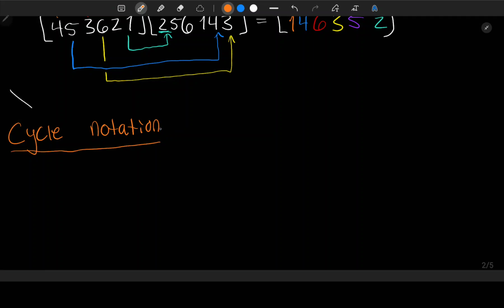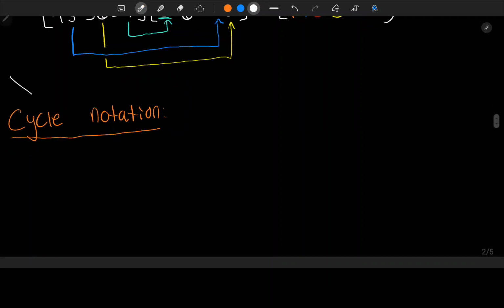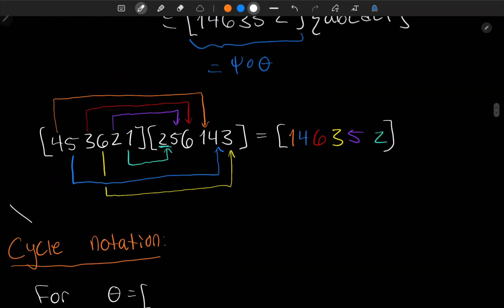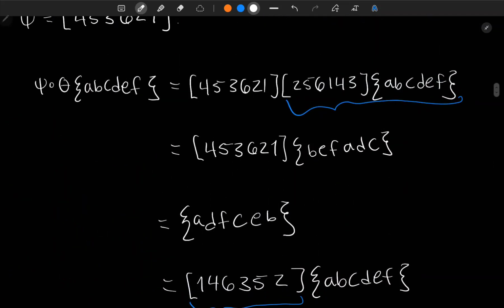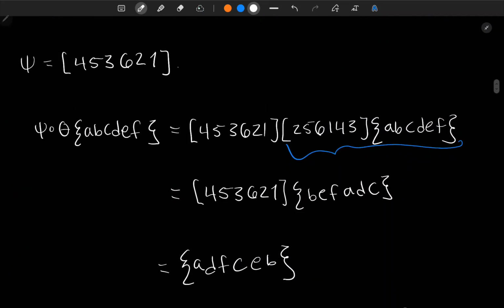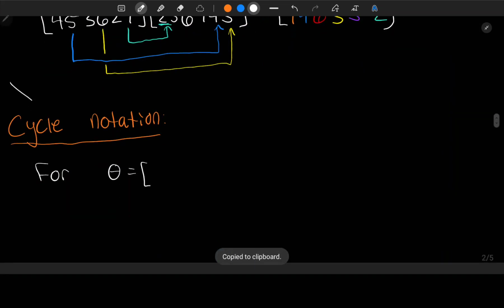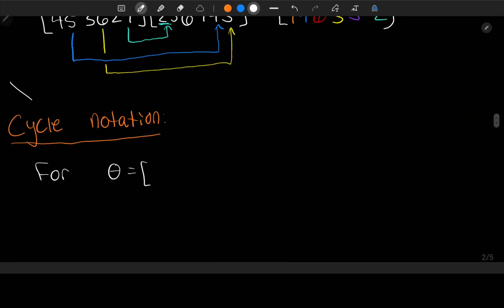Cycle notation begins with the following observation. For theta, which I'll write out again, theta is given by this permutation here. It's equal to 256143.